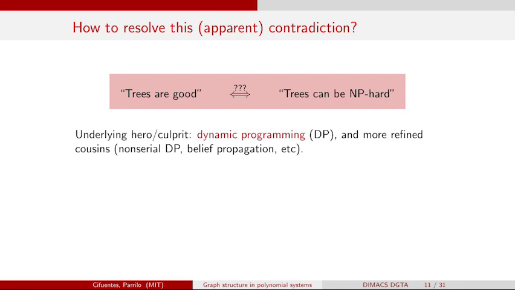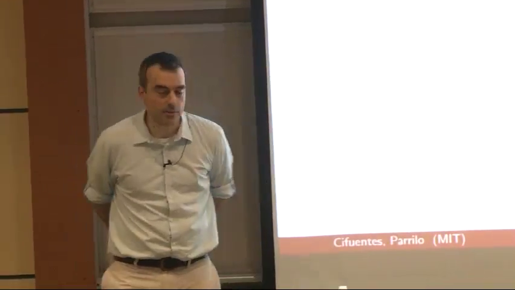That's the reason why those theorems work. And there are a lot of refined cousins, more sophisticated versions of dynamic programming. If you're an optimization person, you may have heard about things like non-serial dynamic programming. If you're a machine learning person, people talk about belief propagation. But these are really all the same things.